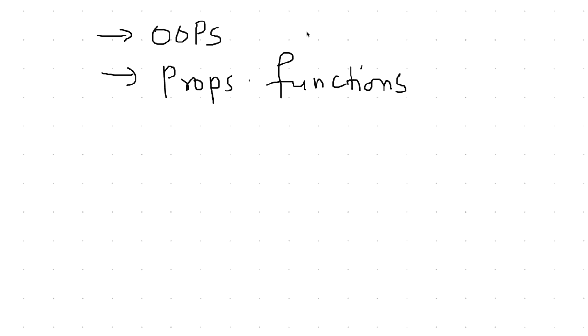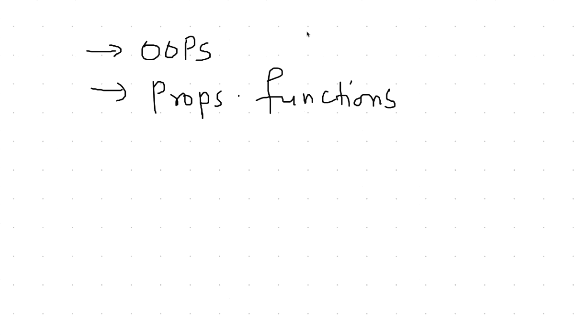So just to summarize, there are a lot of important things that we discussed. We started with understanding the concept of OOPs and why we should apply it. The second thing is how properties and functions are important in OOPs and how they are associated with the classes. So we understood the differences between props, functions, and classes.